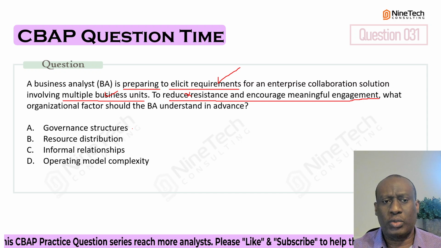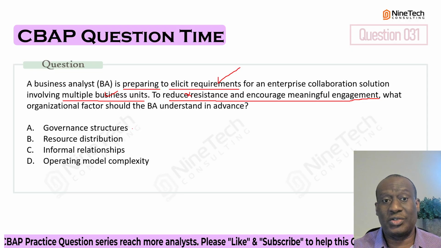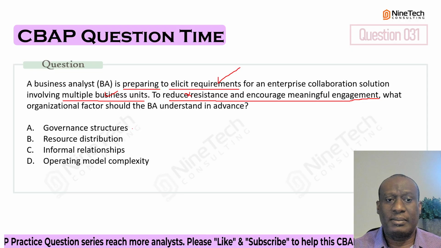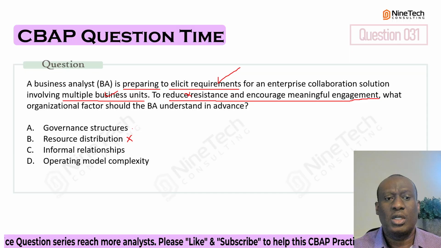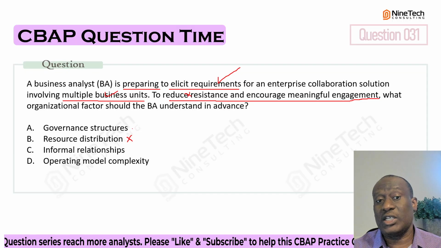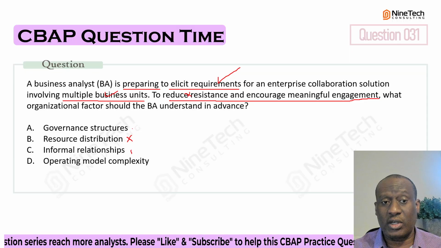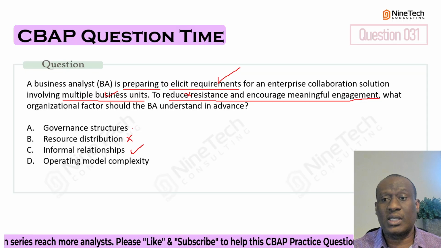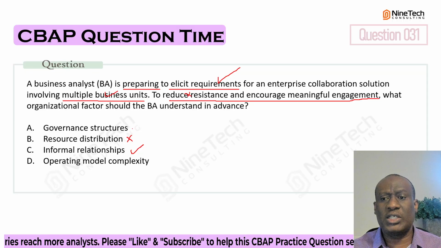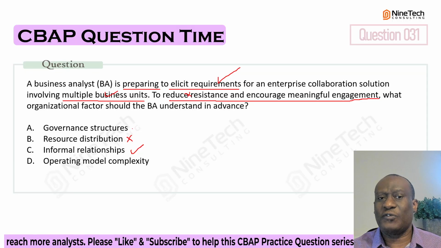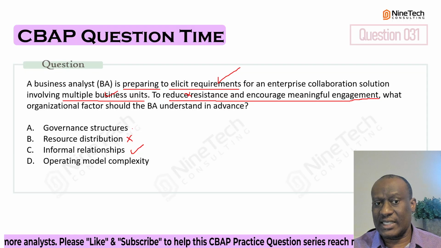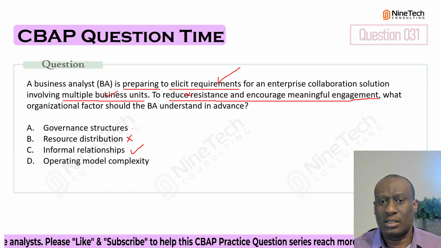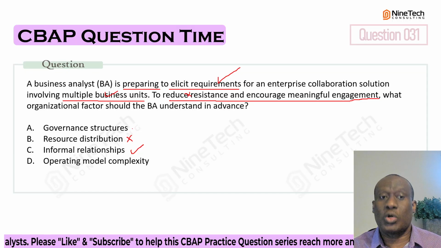Resource distribution, no, it can't be resource distribution. If you're trying to reduce resistance, I'm just going to say no to resource distribution. Option C, informal relationships. Yes, this is a very good option. And the reason is because informal relationships affect and influence how people perceive the project, perceive the business analyst, and their willingness to have discussion.